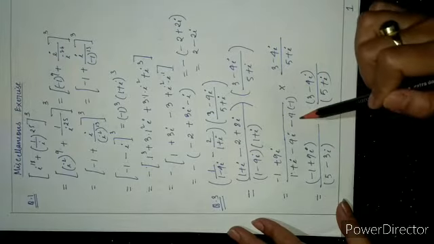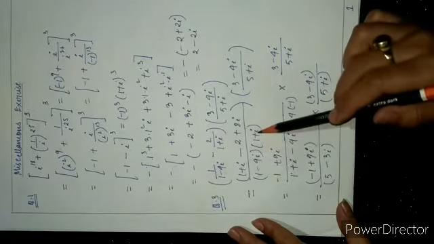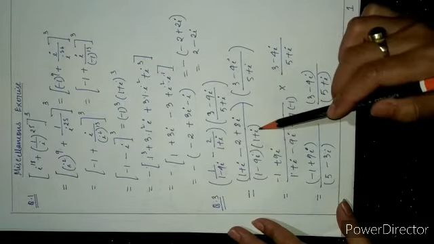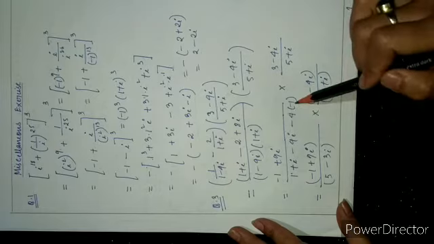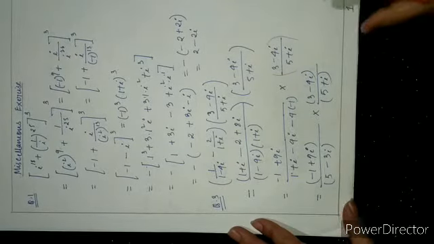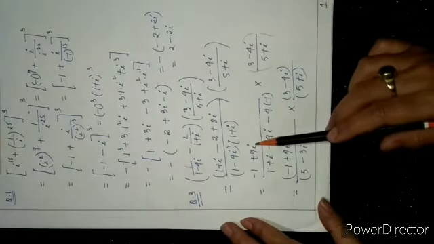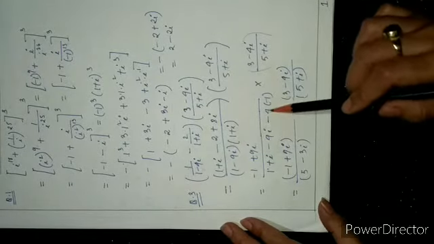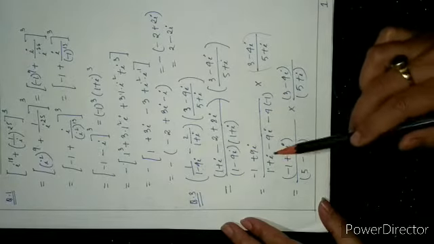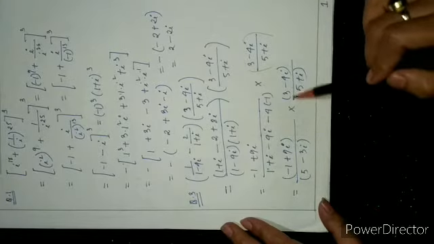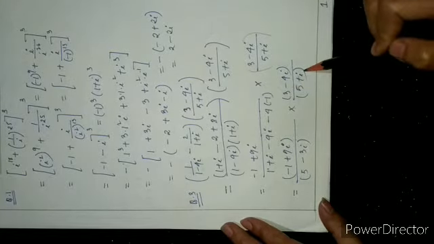Then the value of i square is equal to minus 1, so minus 4 times minus 1 gives plus 4. Write the second expression: minus 1 plus 9i divided by 1 plus 4, which is 5, and i minus 4i is equal to minus 3i, multiplied by (3 minus 4i) into (5 plus i).